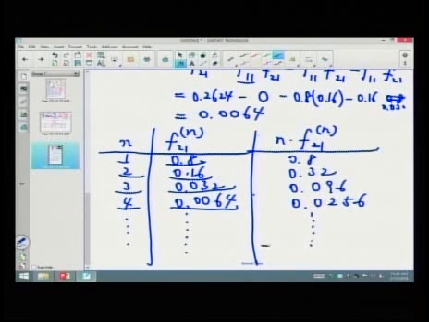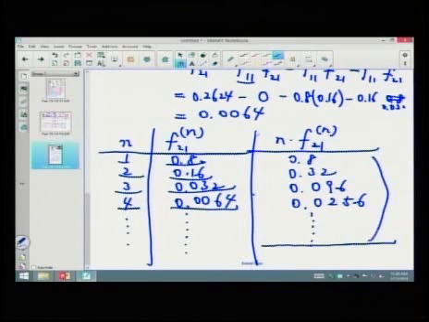Then you're going to see that if you add up everything, it's going to be very close to 1.25.